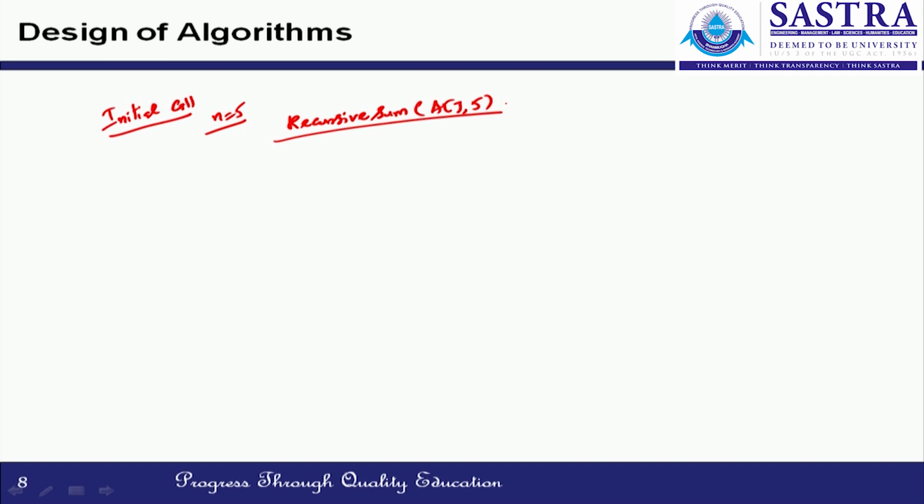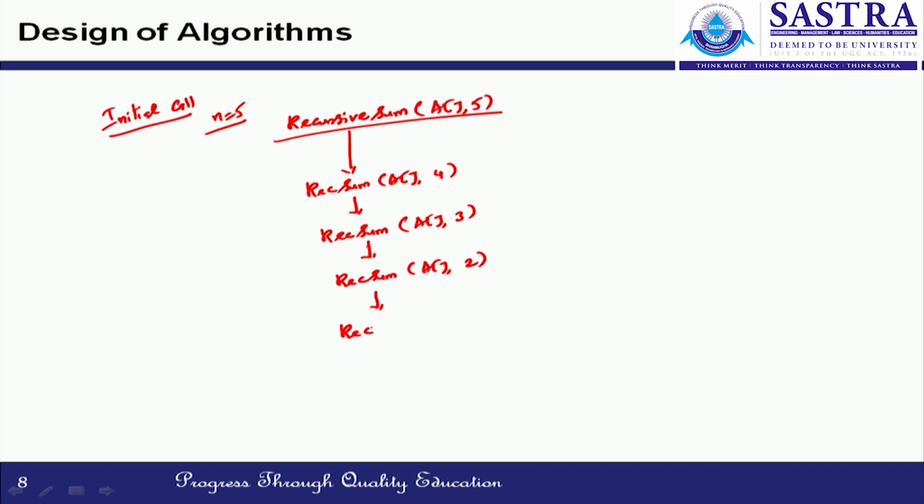Further recursive calls are recursive sum a array comma 4. This invokes the recursive call recursive sum of a array comma 3. This invokes recursive sum of a array comma 2. This invokes a further recursive call a array comma 1.